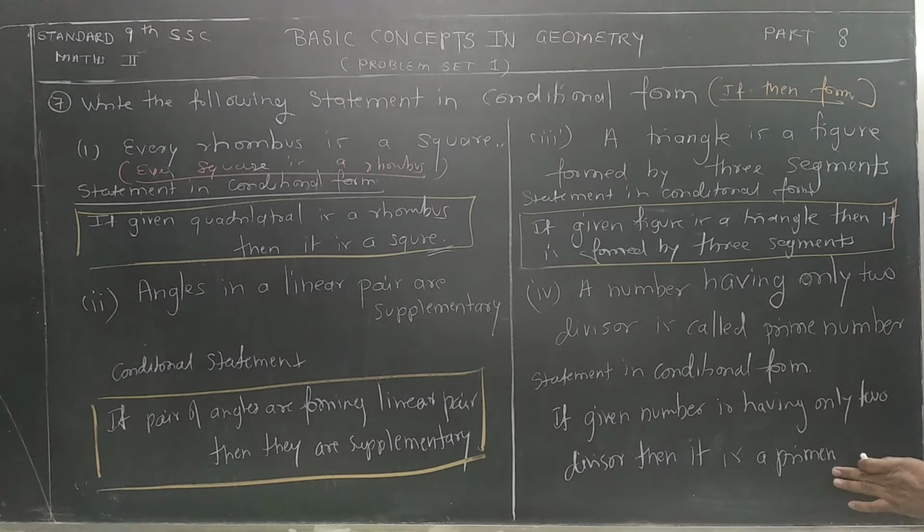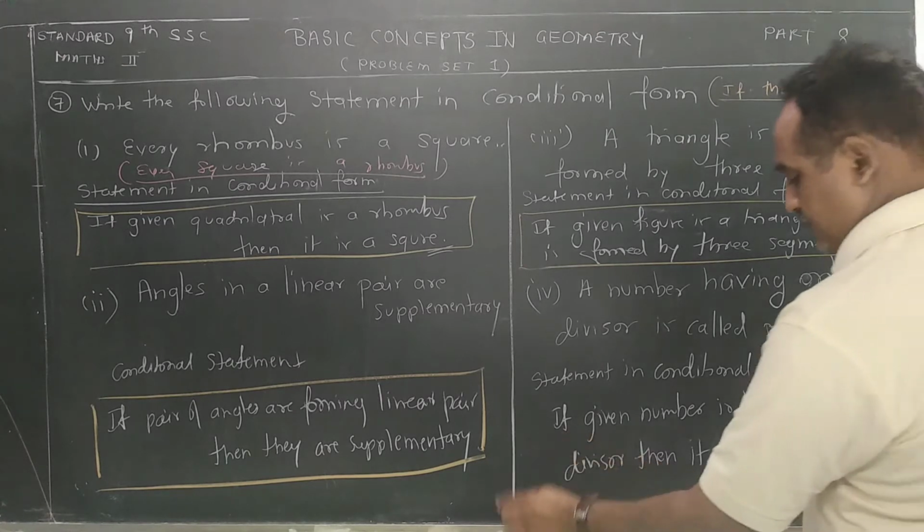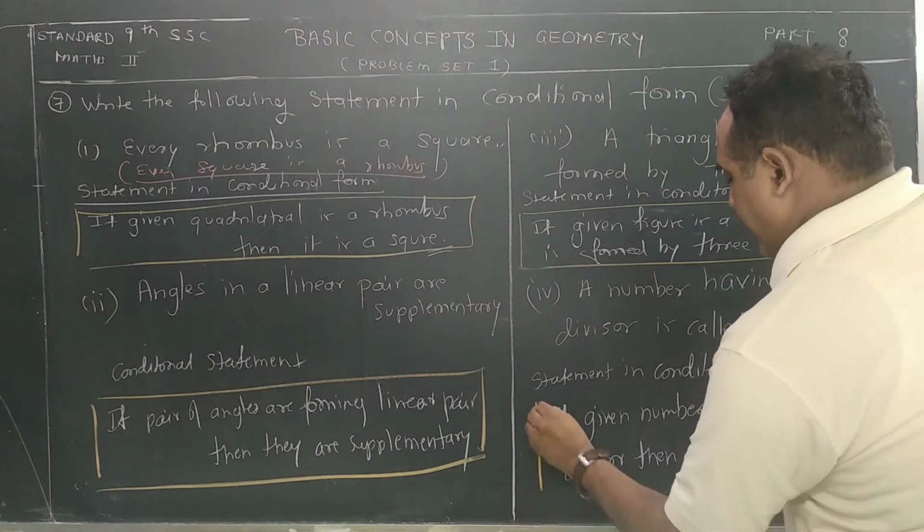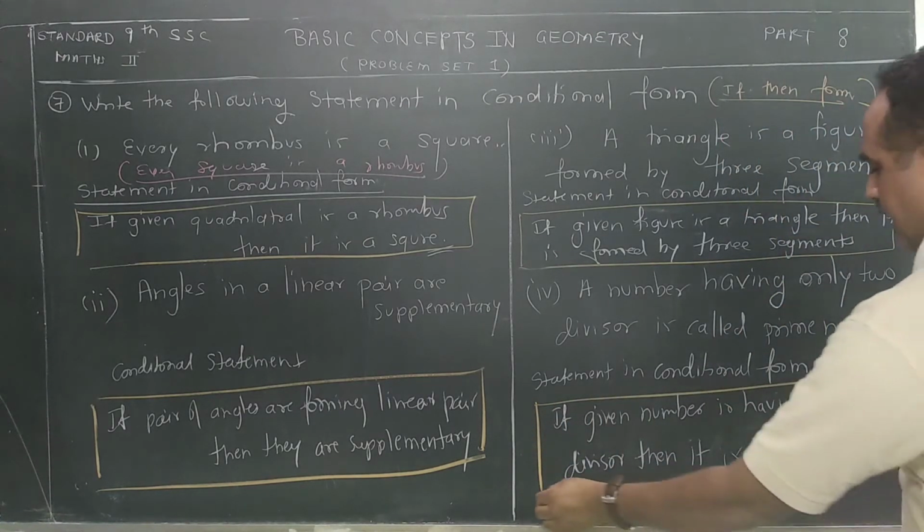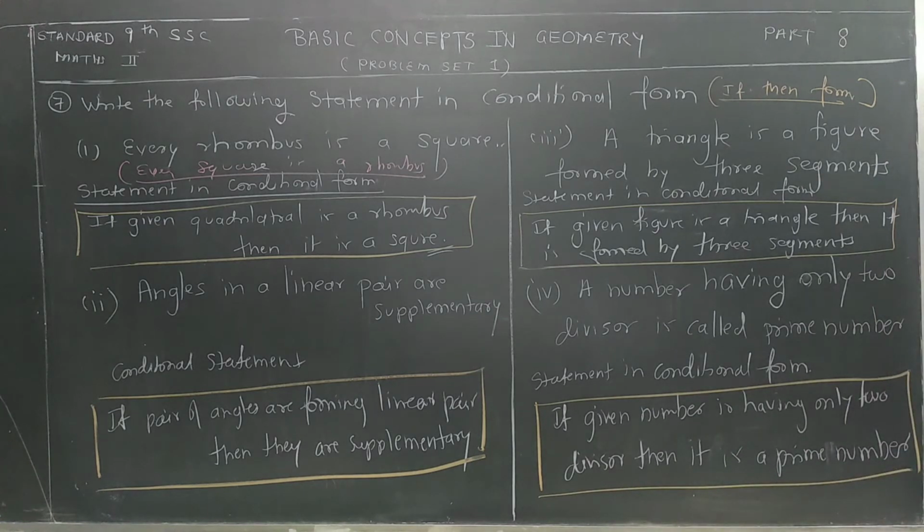It is a prime number. Once again, a number having only two divisors, then what I can say is that it is a prime number. This is the answer. Okay.